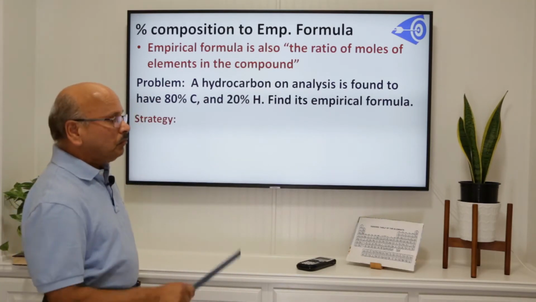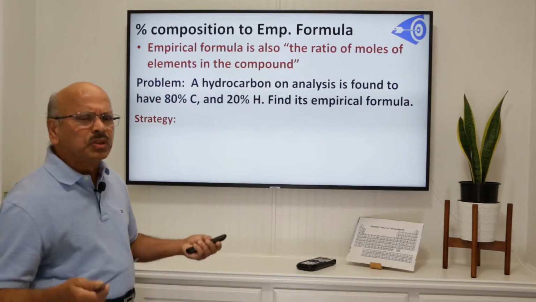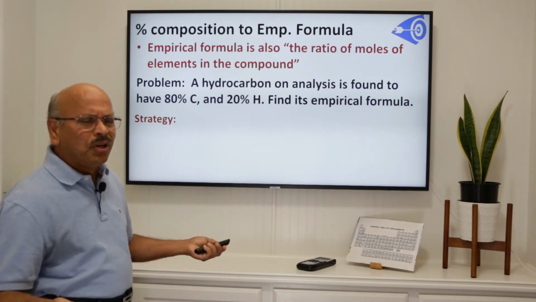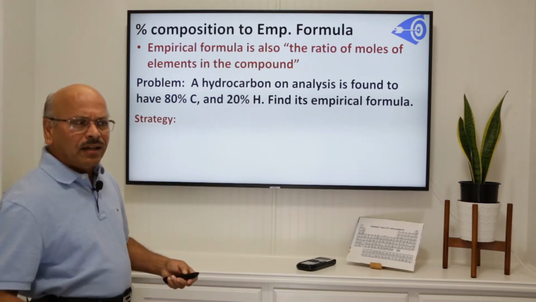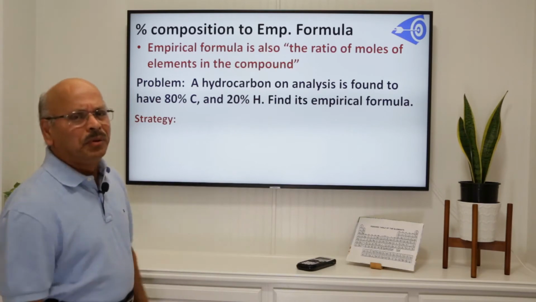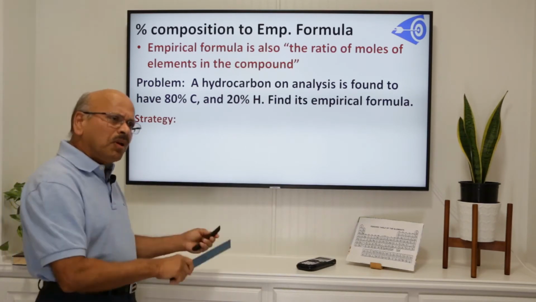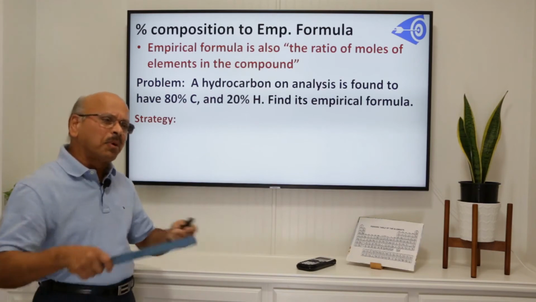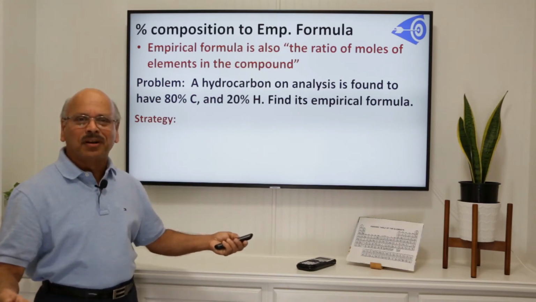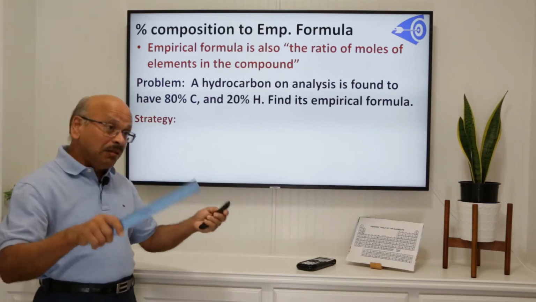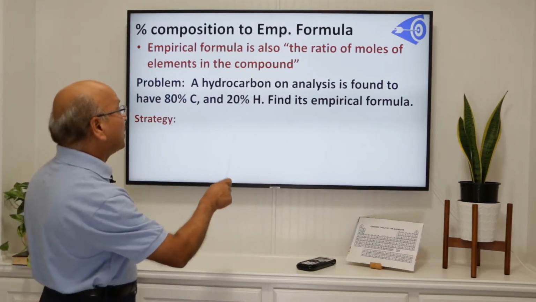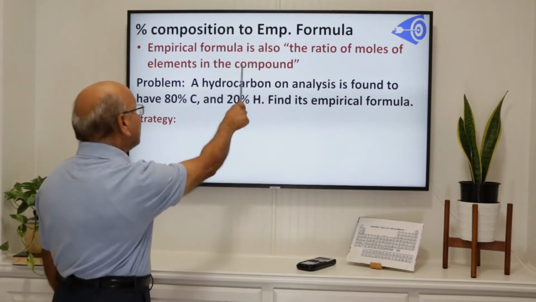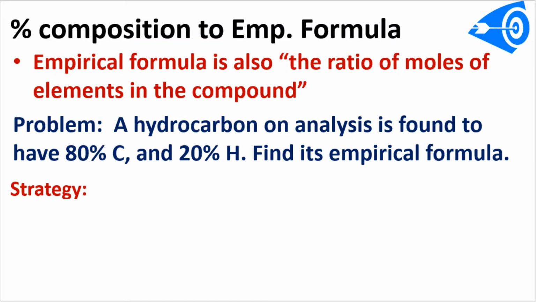Now, atoms are so tiny, their mass is so small, we cannot actually deal with atoms usually. What do we do? We know that moles are easier for us. Number of atoms and number of moles are proportional, as we already studied in the mole concept. So the same thing which we defined as the empirical formula can be redefined like this: empirical formula is also the ratio of moles of the elements in the compound.